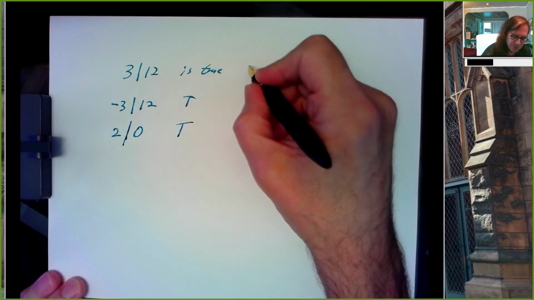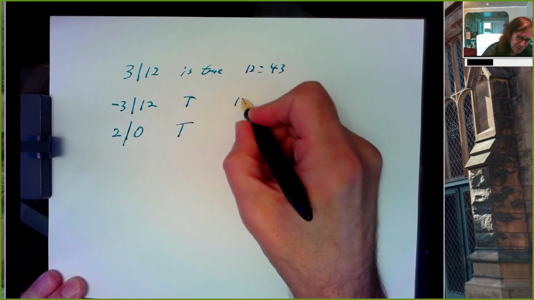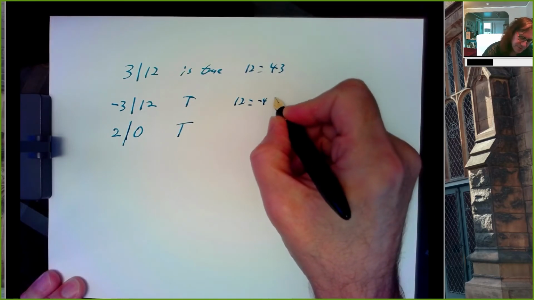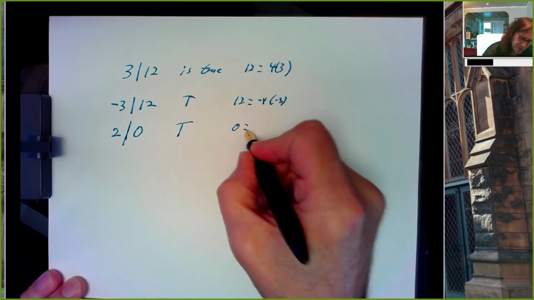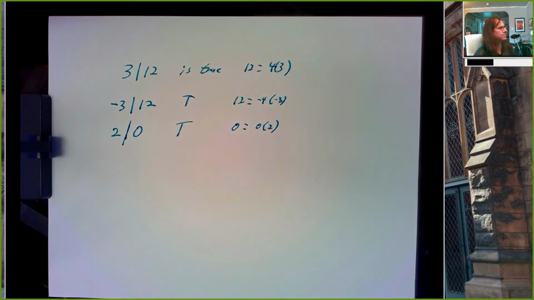So this is true because 12 equals 4 times 3. This is true because 12 equals negative 4 times negative 3. This is true because 0 equals 0 times 2. In fact, anything other than 0 divides 0.